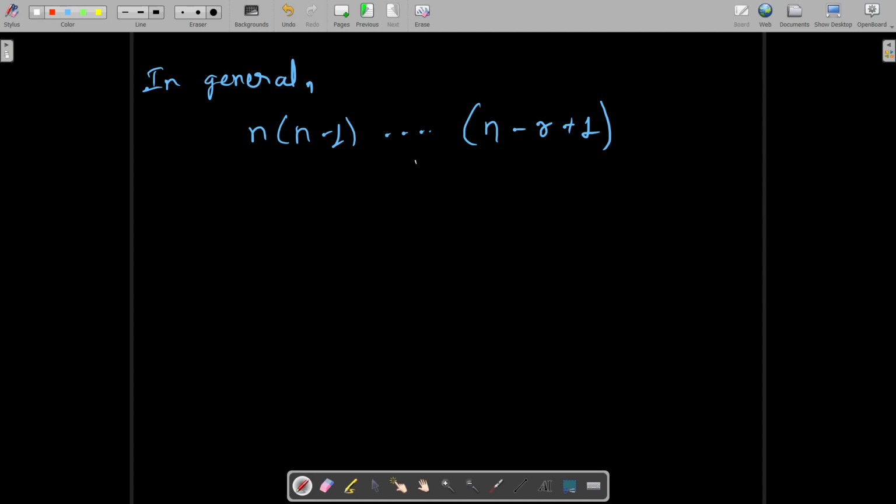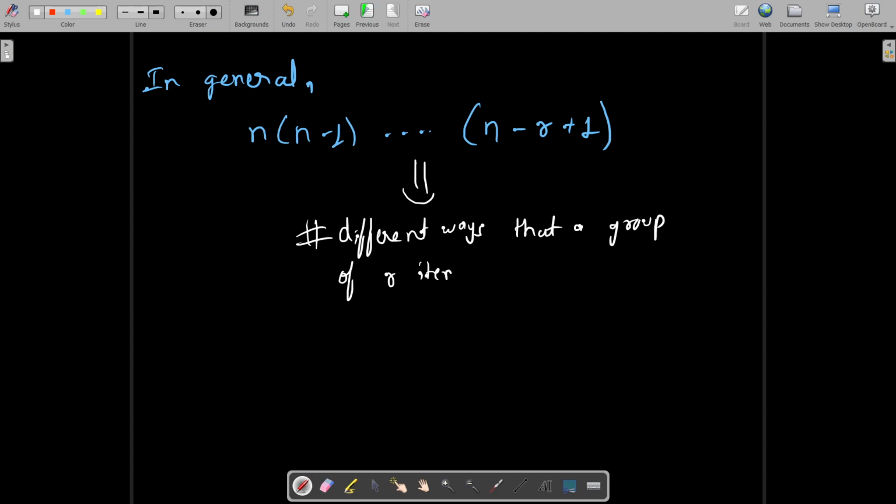This represents the number of different ways that a group of r items could be selected from n items.